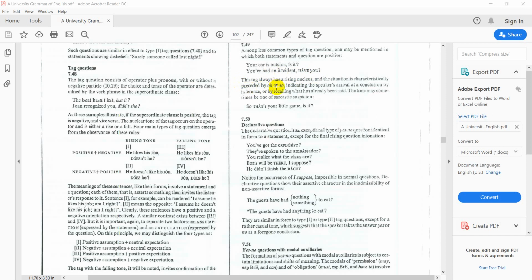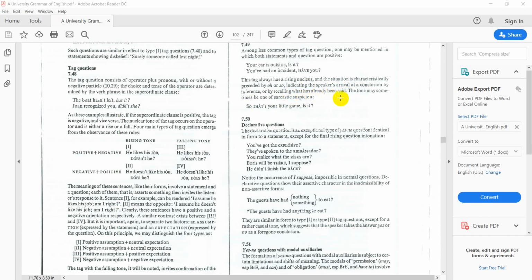This tag always has a rising nucleus, and the situation is characteristically preceded by oh or so, indicating the speaker's arrival at a conclusion by inference or by recalling what has already been said.